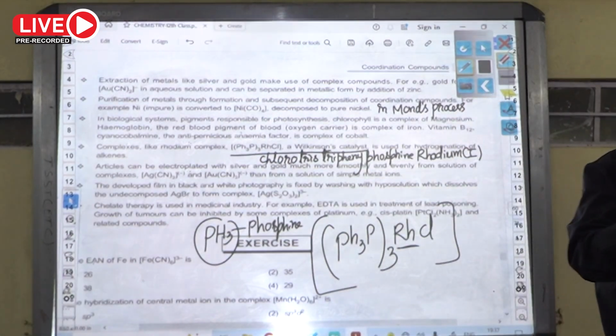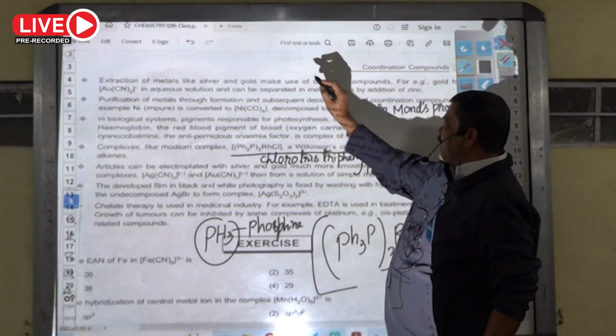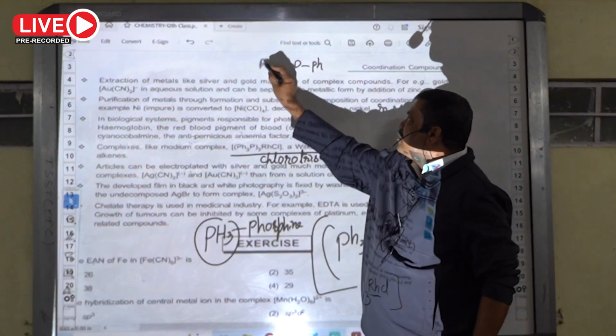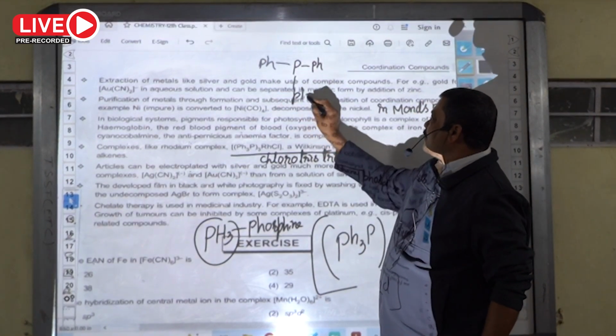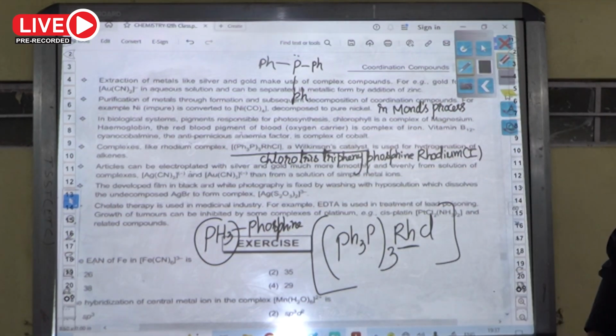In phosphine, 3 hydrogens are replaced by 3 phenyl groups, then it is called triphenylphosphine. Ph means phenyl. Triphenylphosphine already contains the word tri.